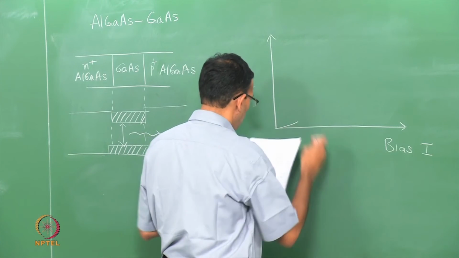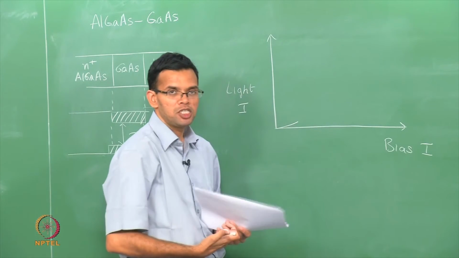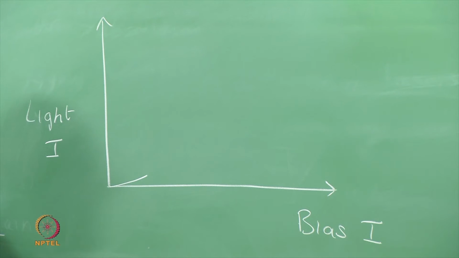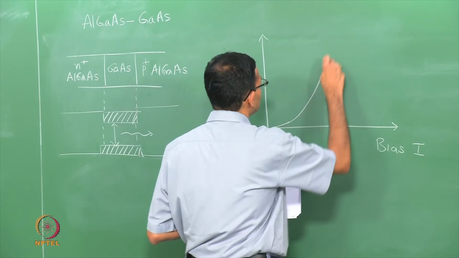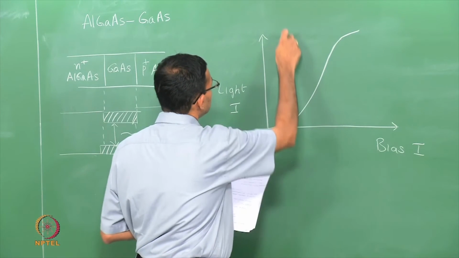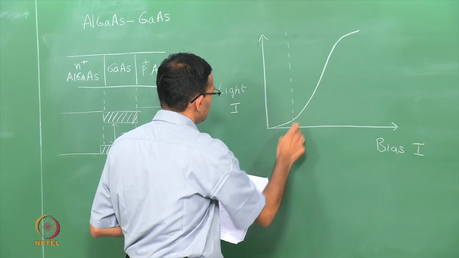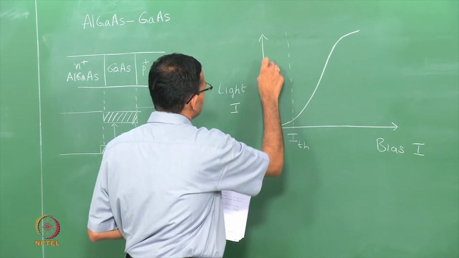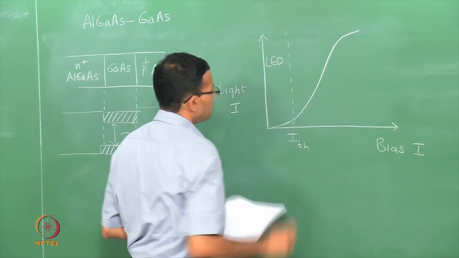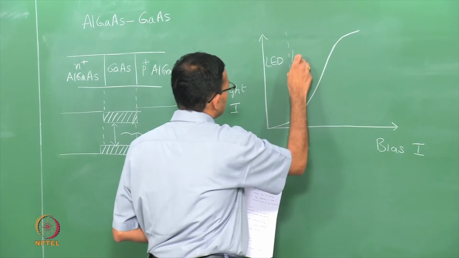There is a threshold value below which the material behaves as an LED and above which it behaves as a laser. Define an I threshold below which it is an LED and above which it is a laser.